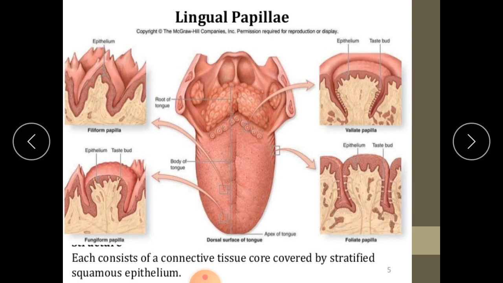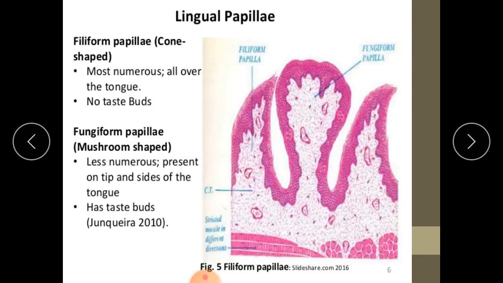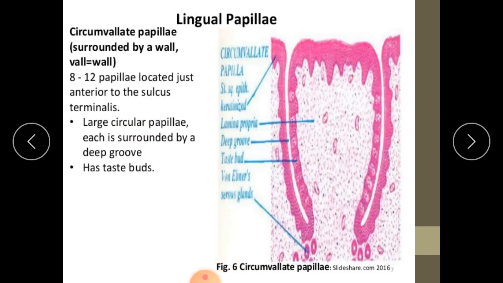Next, each papilla has an inverted conical form and consists of a central core of connective tissue, which is produced into secondary papillae.